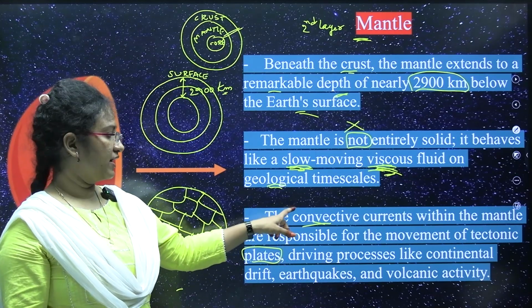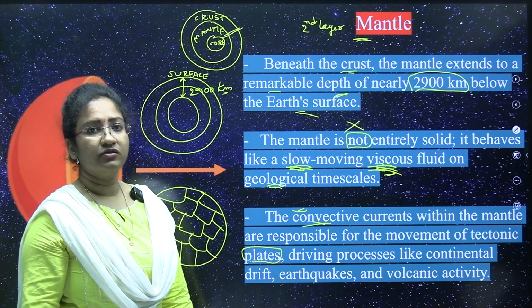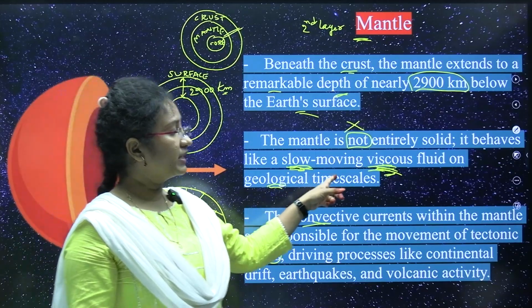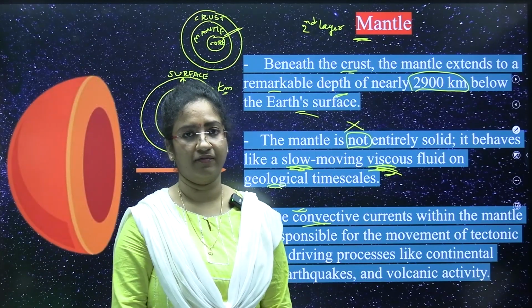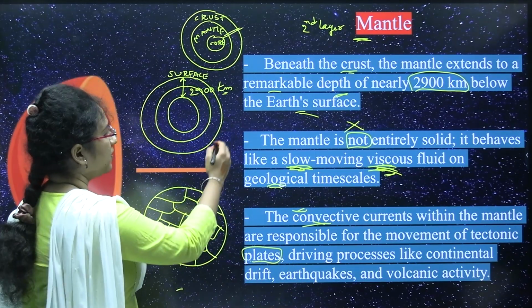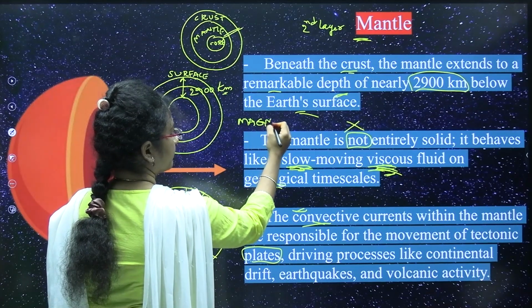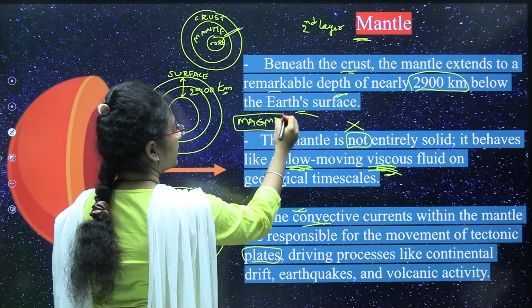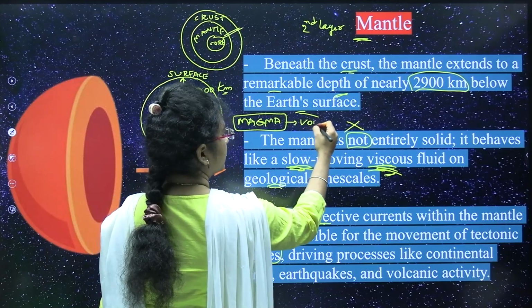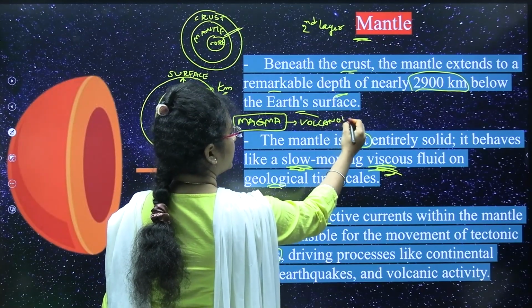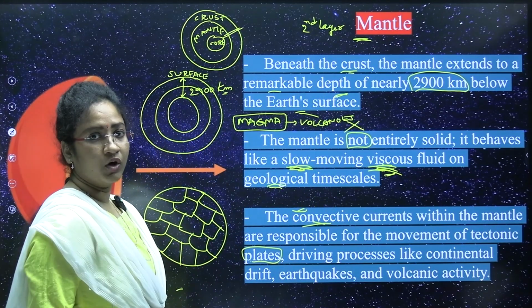Within the mantle layer, we have some convective currents. So this particular fluid that we have within the mantle is magma. You would have heard about volcanoes. You have definitely heard this term, volcanoes.